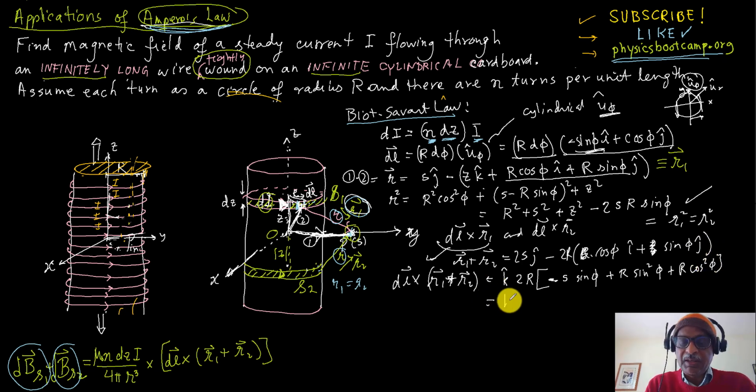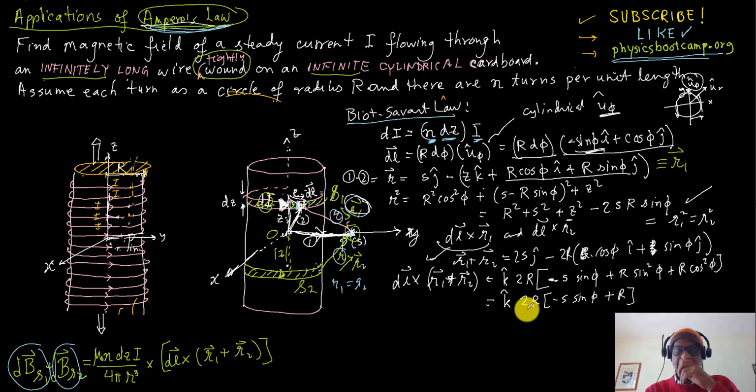So this just turns out to be k hat, two times r minus s sine phi, plus r. So this is in the direction of k hat.